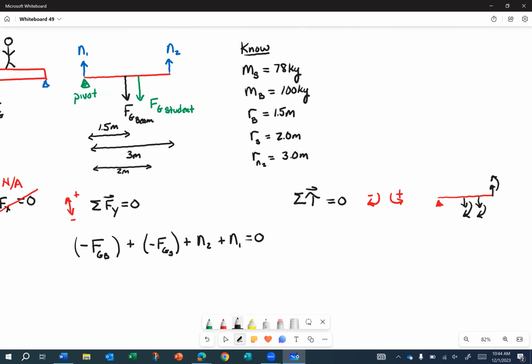So as I add these together, I'm going to say that the negative torque due to the force of gravity of the beam, plus negative the torque due to the force of gravity of the student, plus positive the torque of N2 must add up to 0. So the torques due to each one of those forces.